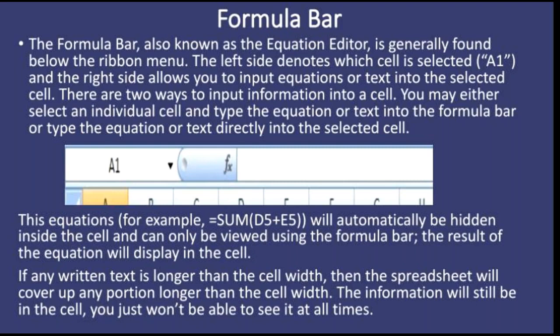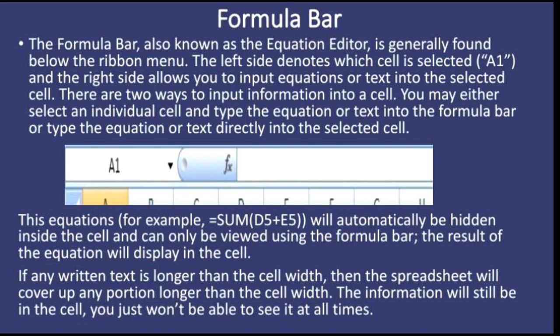There are two ways to input information into a cell. You may either select an individual cell and type the equation or text into the formula bar, or type the equation or text directly into the selected cell.